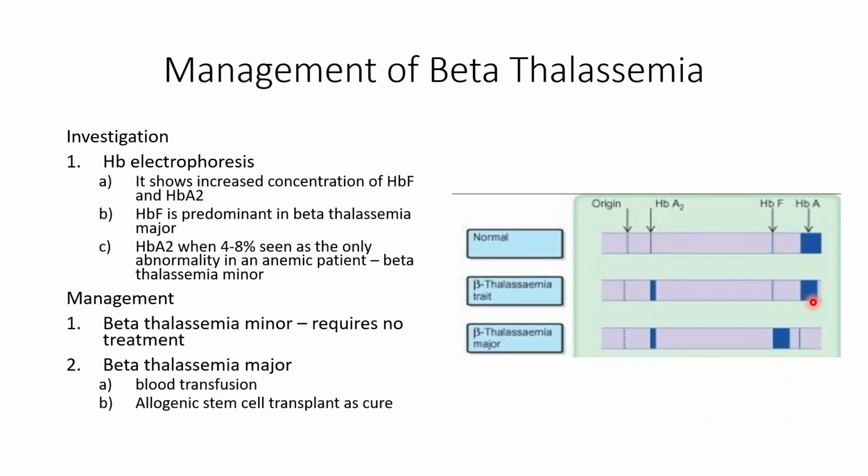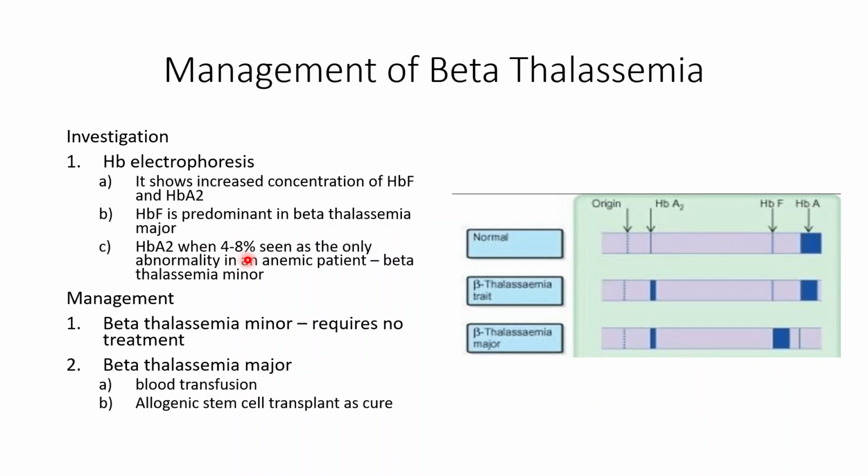When there is an excess of alpha chains, they form increased hemoglobin A2, and hemoglobin A2 is increased to between 4 to 8%.